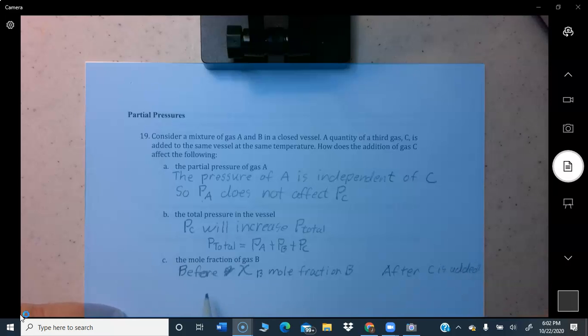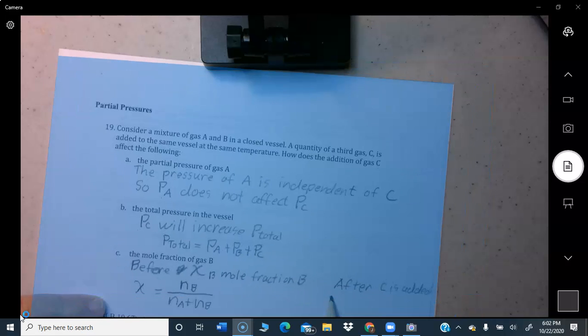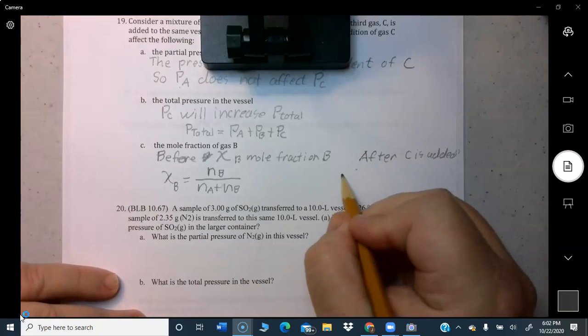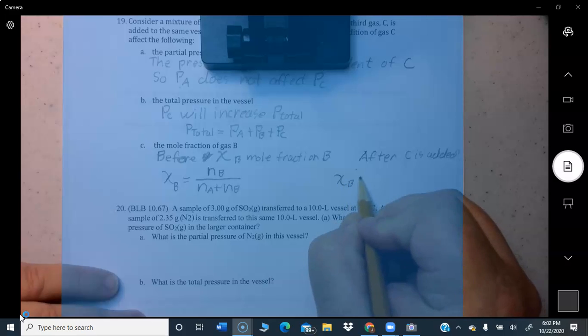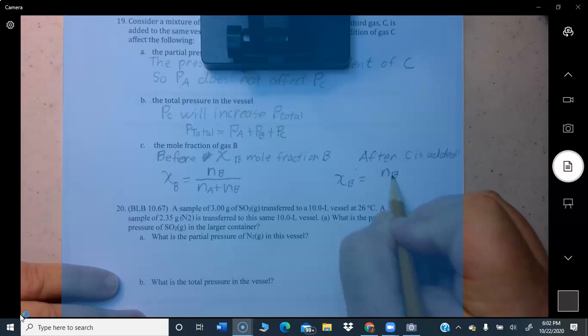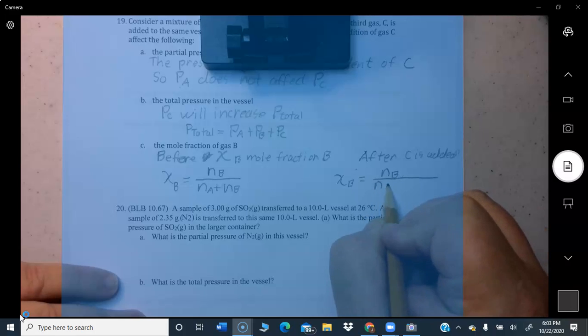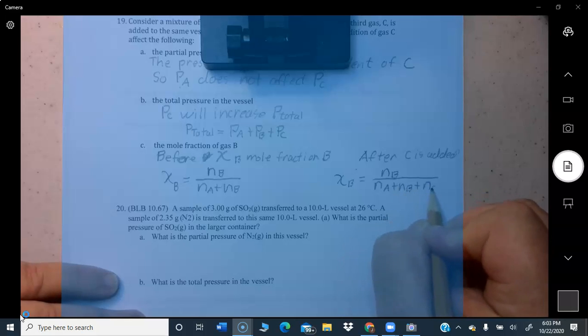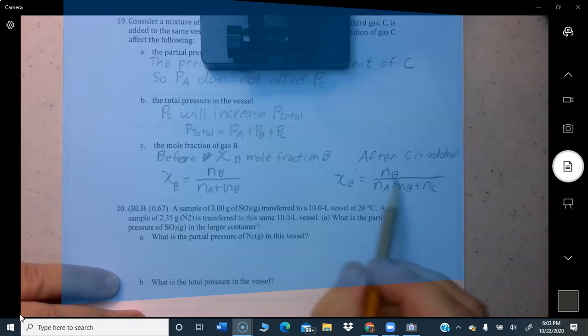Okay, so before what you had was this for mole fraction of B would be number of moles of B over number of moles of A plus number of moles of B. After, your mole fraction of B, number of moles of B over number of moles of A plus number of moles of B plus number of moles of C. So you've increased the denominator down here.